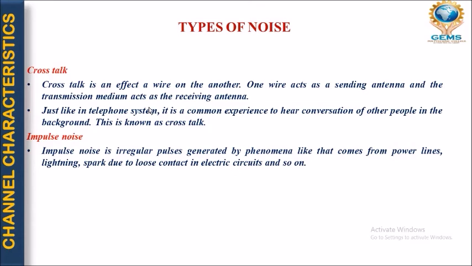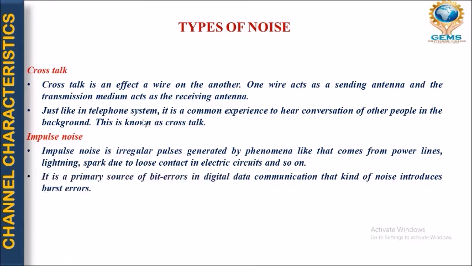See, if the electric circuit is not fixed well, it may so happen that there will be a problem in lines, lightning हो सकती है, there may be sparks, and whatever noise is produced due to all these will be your impulsive noise. Okay. The primary source of this is known as bit errors, right? It is also known as bit error. And in data communication, इसी को हम लोग call it burst error.